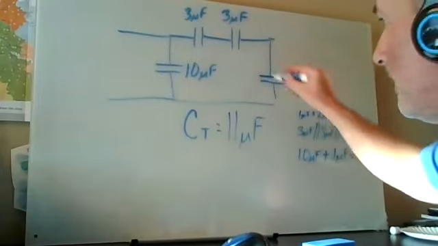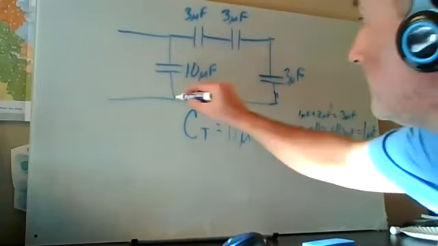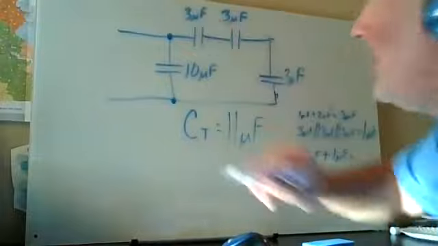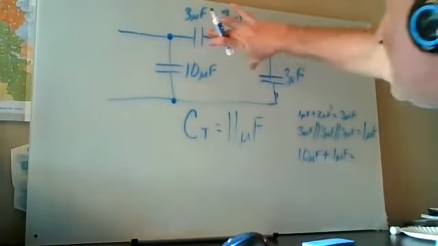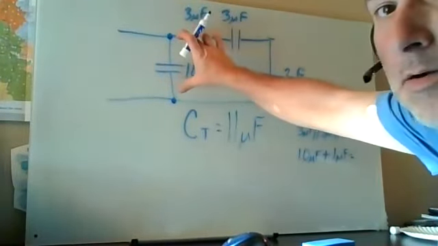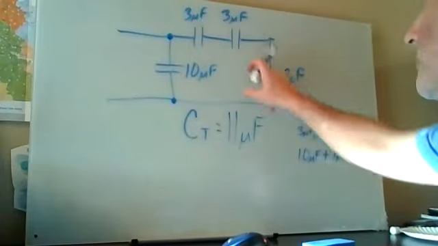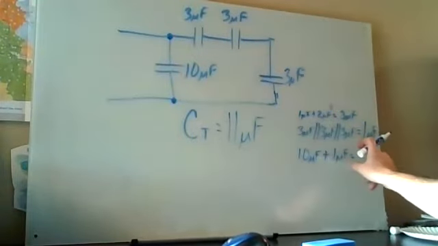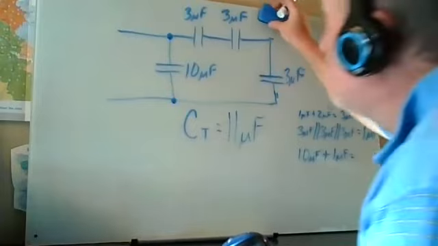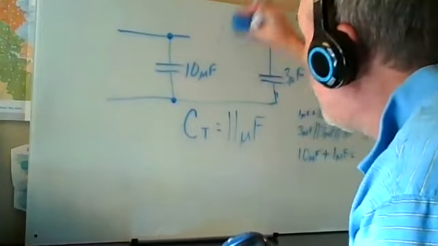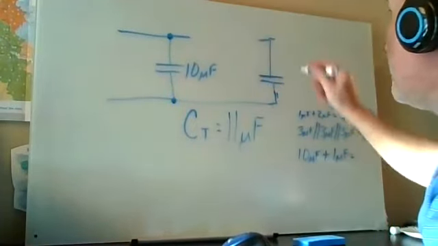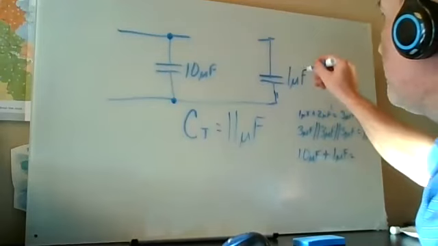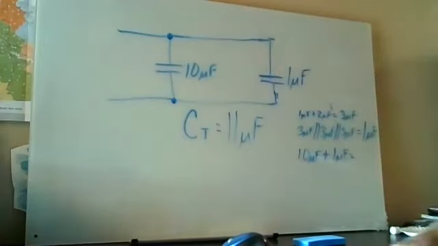These 3 right here have this point and this point in common with the 10. So that means this group of 3 is in parallel with that 10, but I got to do these 3 in series first, which gives me a 1, which means these go away and this becomes a 1 microfarad and it's in parallel with my 10.